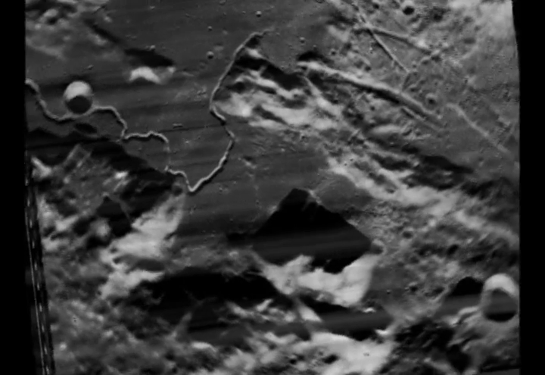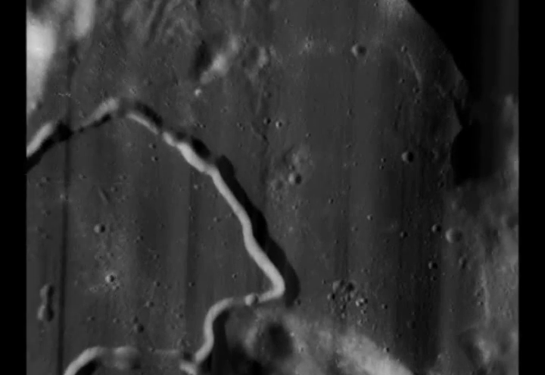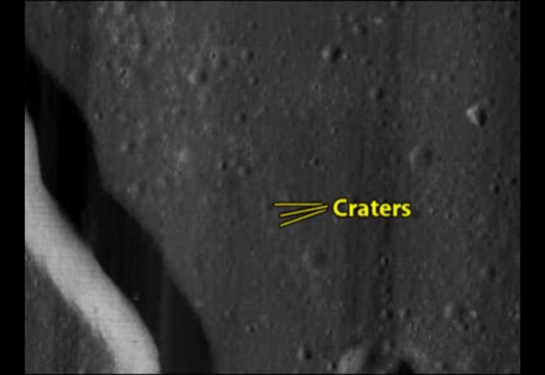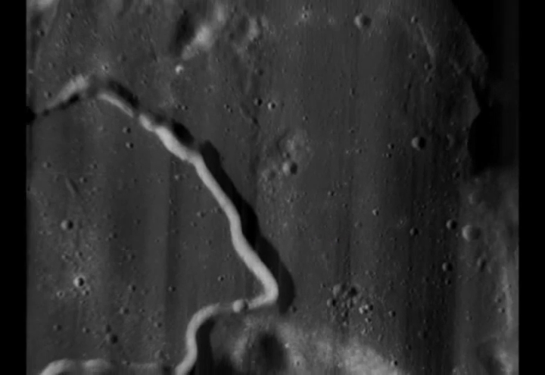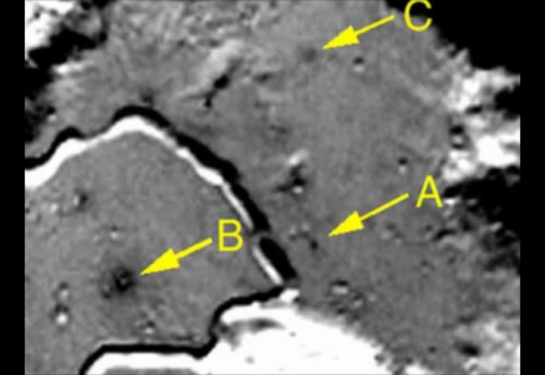A look at the Lunar Orbiter 5 photos reveals there to be at least 4 tiny impact craters grouped together in the vicinity of the splotch. So, I revise my conclusion.